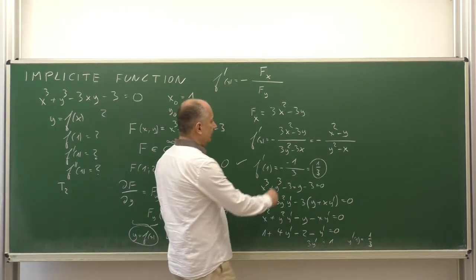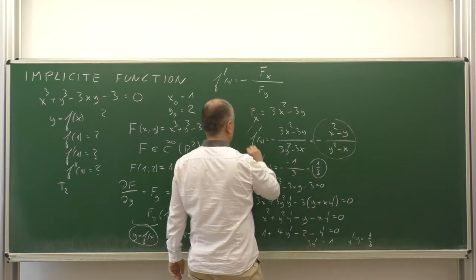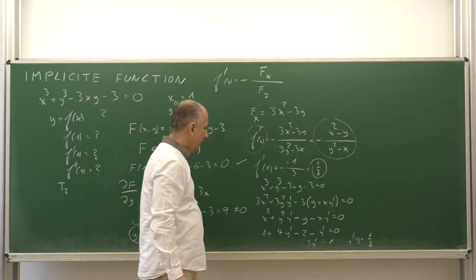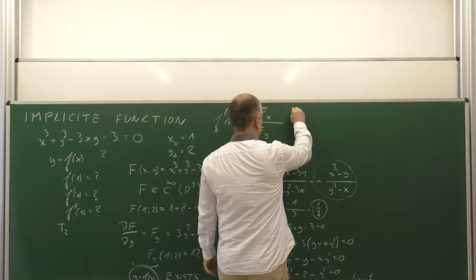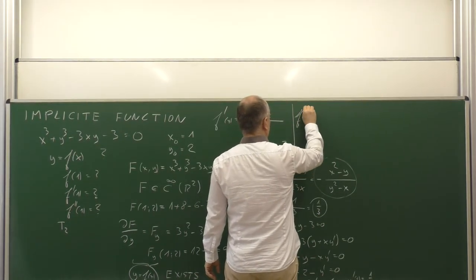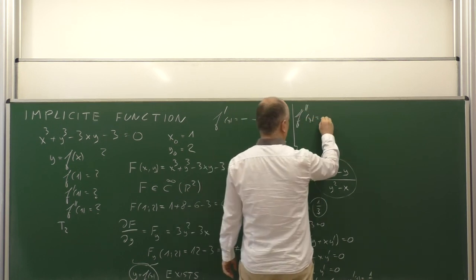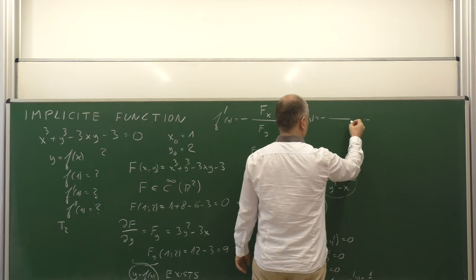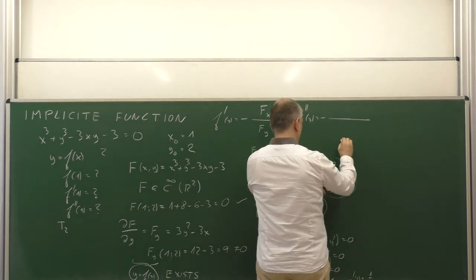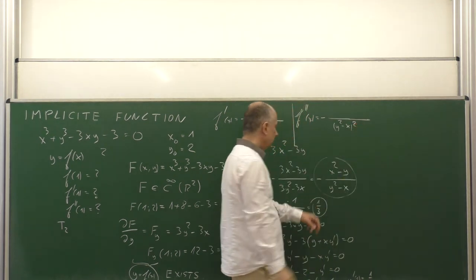We can either differentiate this expression that was f prime. If we differentiate this expression, we have f second, and the derivative is the minus fraction y squared minus x squared.